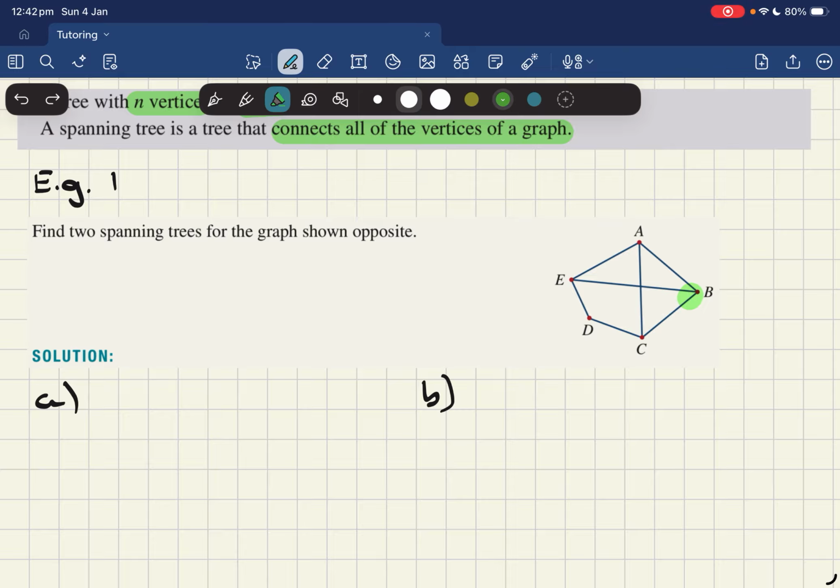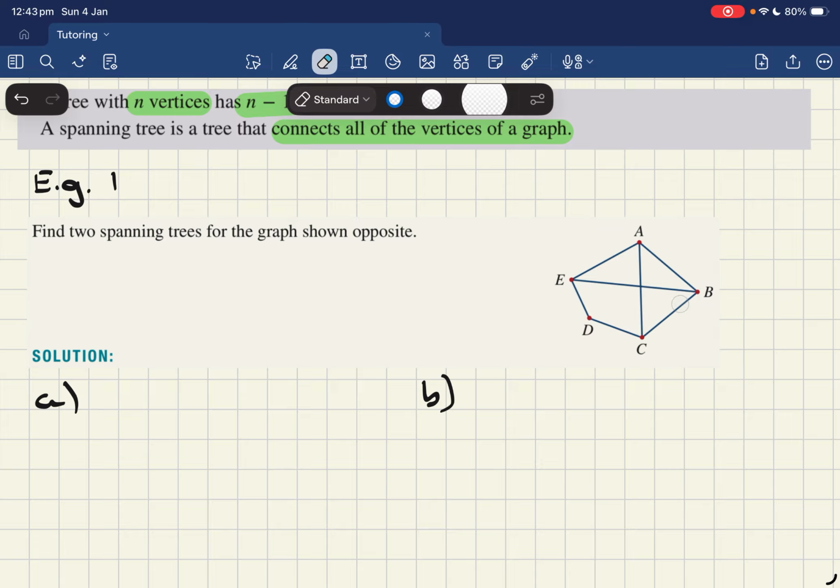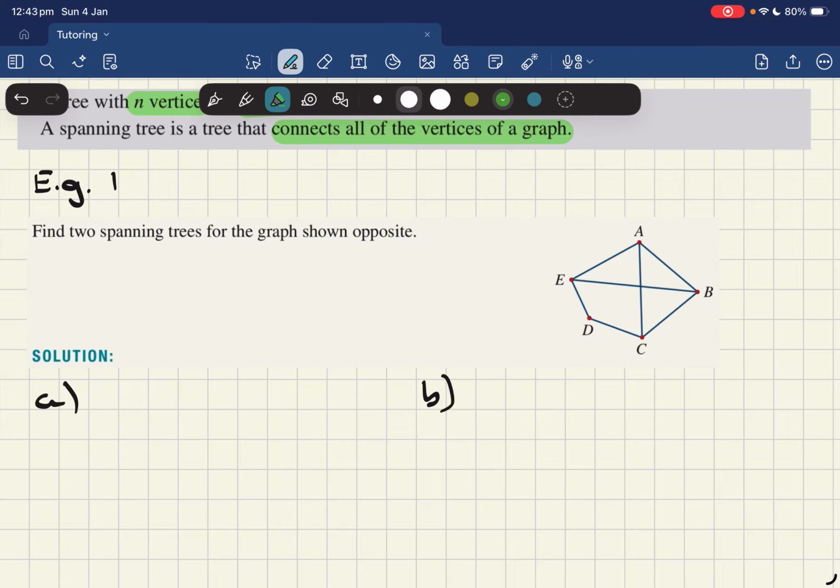We also have a cycle here. So this is a network diagram, but it's not a spanning tree. Now, with a spanning tree, we just want to connect all of the vertices. So a way we can do this is we can connect, for example, A to E, A to B, B to C, and D to C. Okay, now we have a spanning tree.